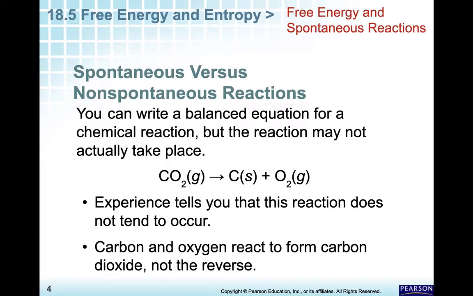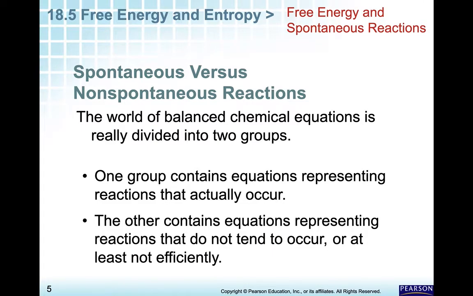The other direction, though, we know does occur. We know that solid carbon and oxygen will react to make carbon dioxide. And so in one direction, this reaction is non-spontaneous. In one direction, it is spontaneous. In the direction as written, this is not something that occurs naturally. It's not something that just happens spontaneously. We would have to force it. And so that's the difference between a spontaneous and a non-spontaneous reaction.